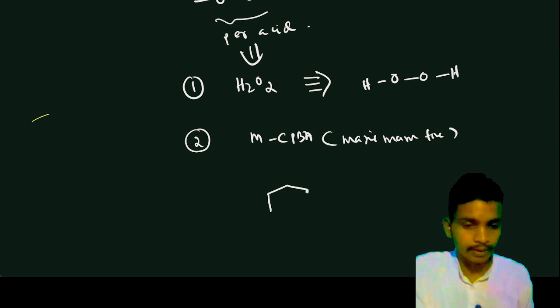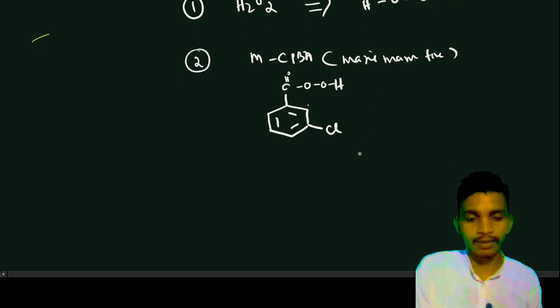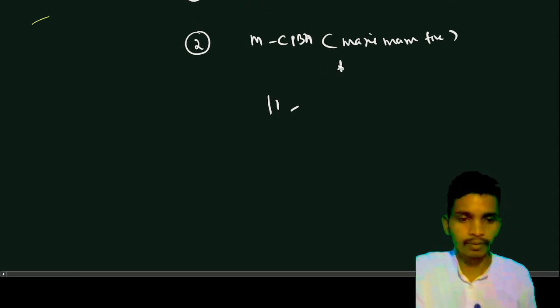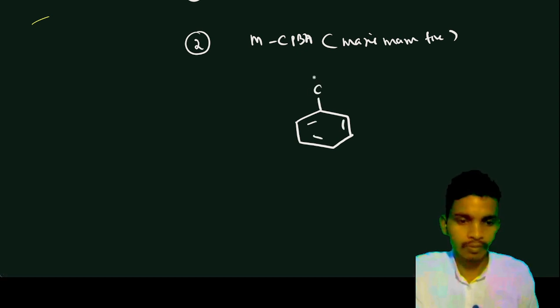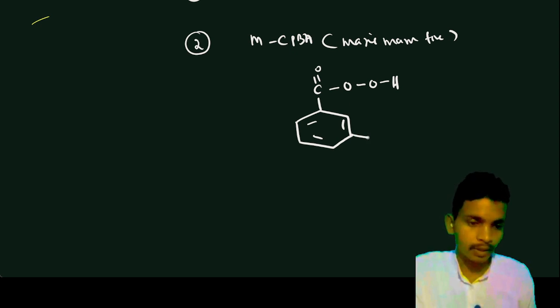It is like this: here COOH is there, this is the perbenzoic acid, and to that, this is ortho and this is meta, and here we have chlorine.